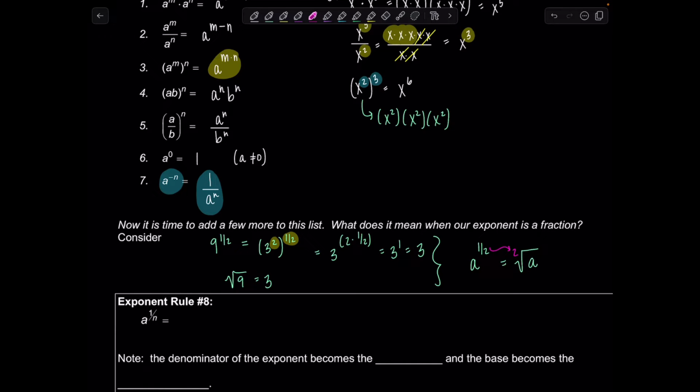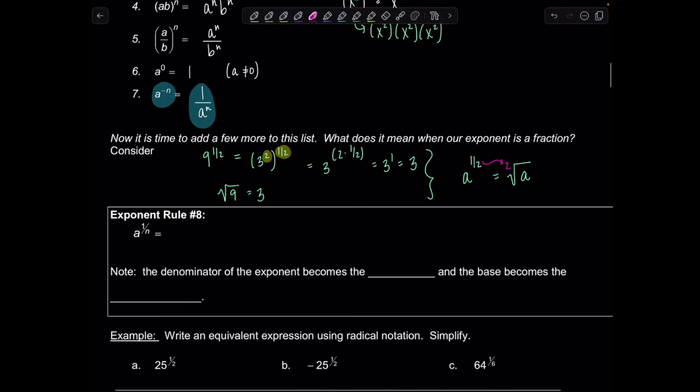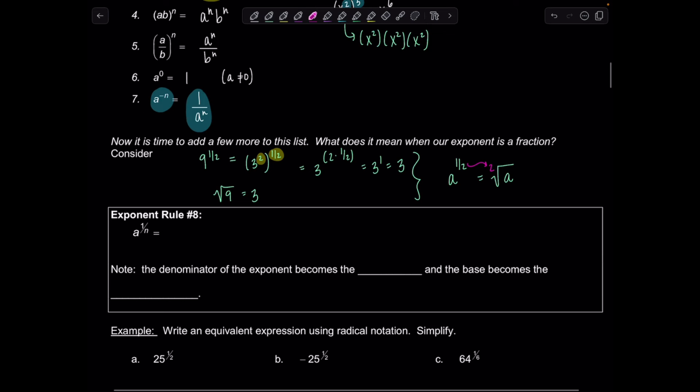But as you know, we can take different roots, not just square roots. We can take a cube root or a fourth root. So here's exponent rule number 8, a little bit more generalized. If you have a raised to the 1 over n, that is equal to the nth root of a. And I'm going to give you a little bit of vocab here. This number n is called our index. A, the stuff underneath the radical, is the radicand.